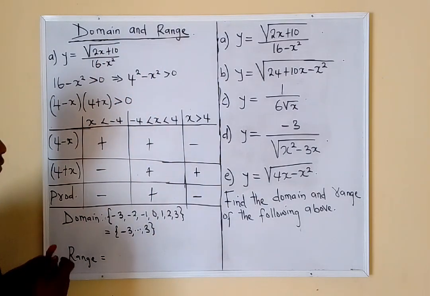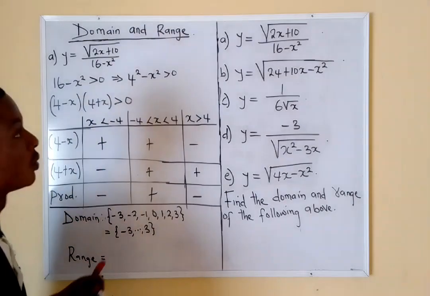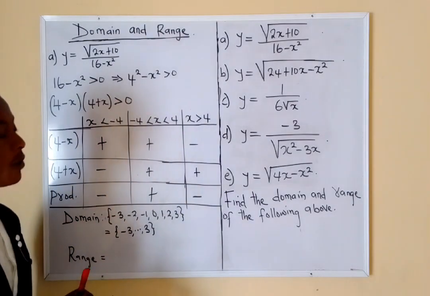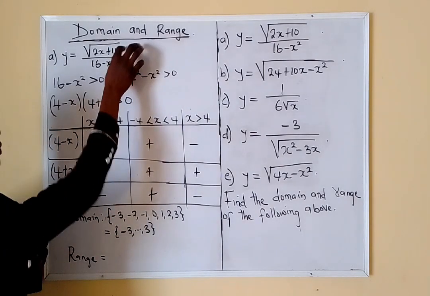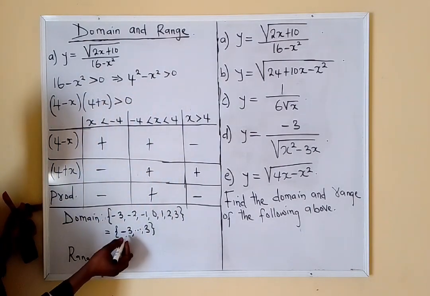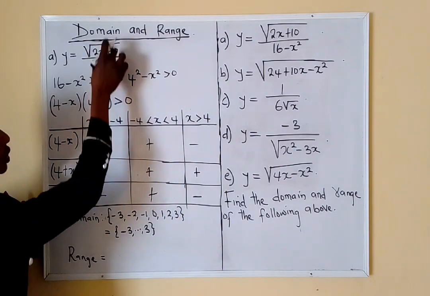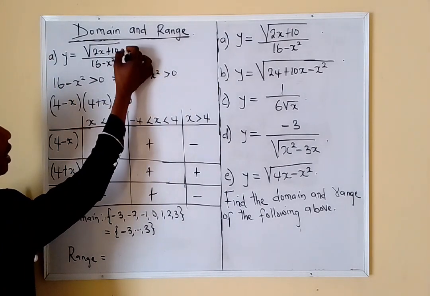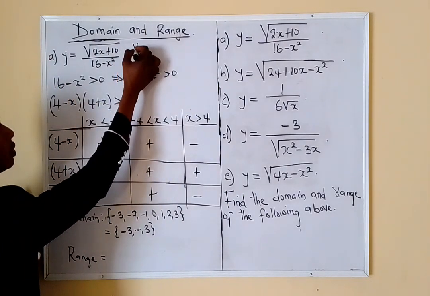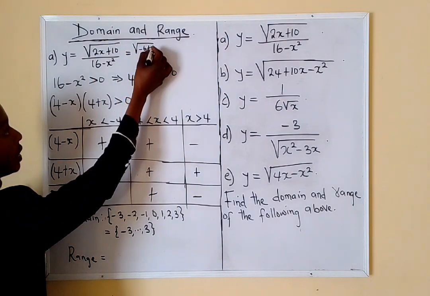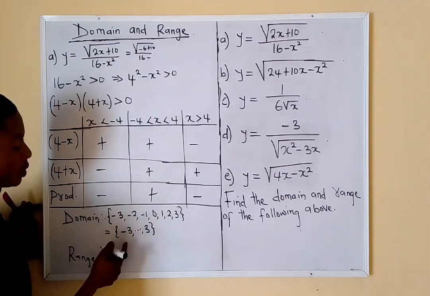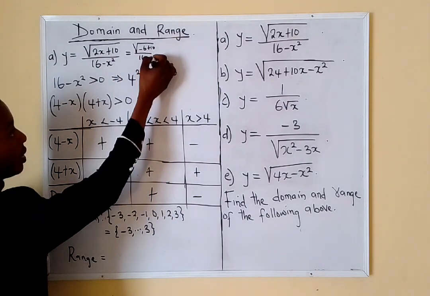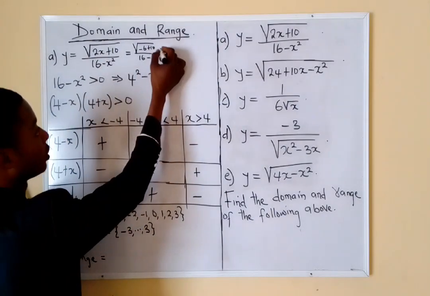You have the square root of 2 times minus 3, which is minus 6, plus 10, divided by 16 minus 3 squared, which is 9. That means we have the square root of 4 over 7, so you have 2 divided by 7. So our first range value is 2 divided by 7.